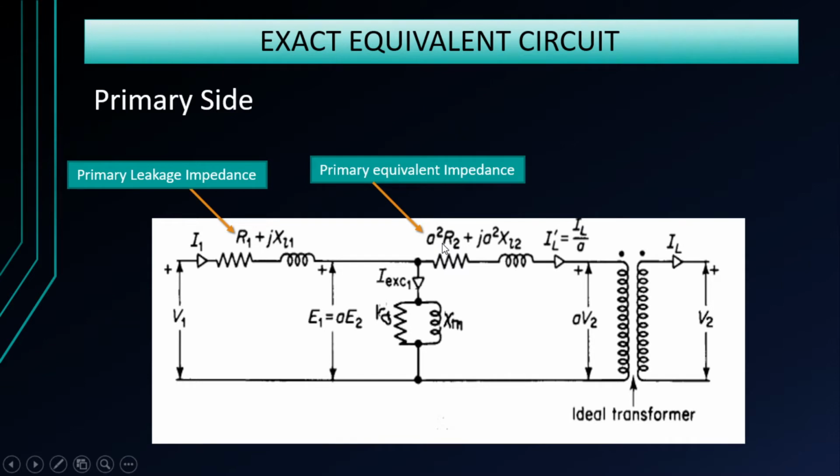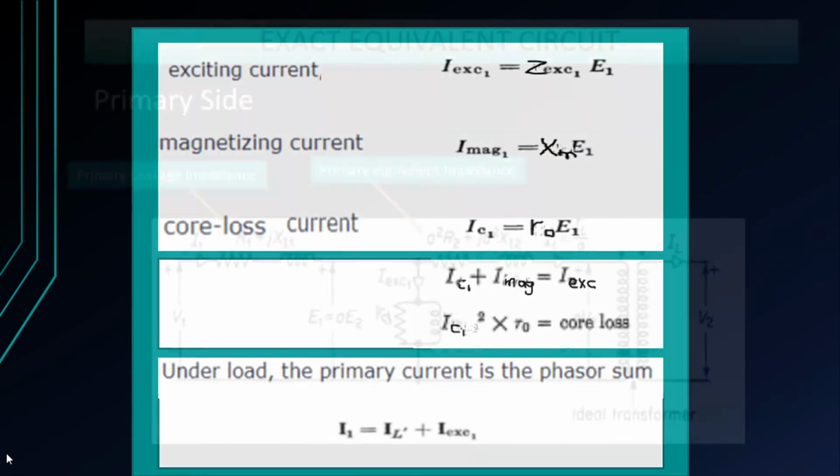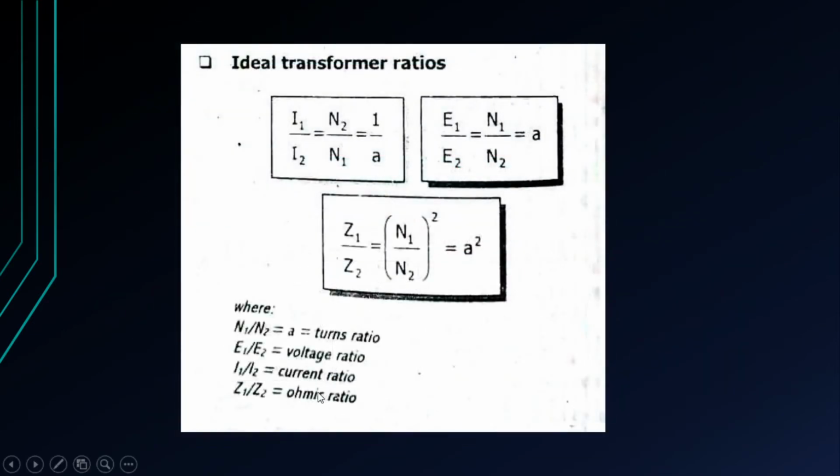This a squared R sub 2 plus j a squared X sub 2 is the primary equivalent impedance. Makukuha natin ito dun sa, for example, in the step-up transformer, the resistance will be multiplied by a squared. This is the ohmic ratio. I-multiply siya sa ohmic ratio.